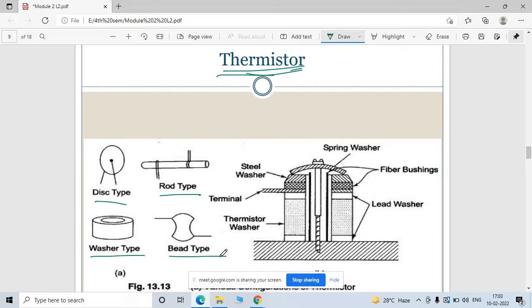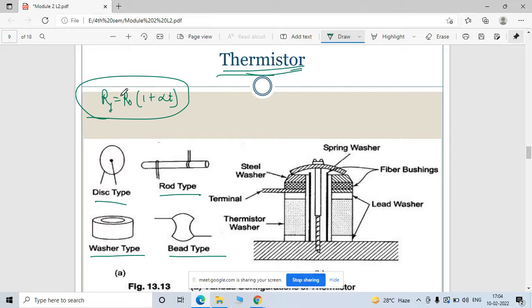Now this thermistor is electrical. You must know the relation of resistance with temperature, I think. For example, the new resistance, or I can say resistance R1, is nothing but R0 times (1 + alpha ΔT). This is the basic relation of resistance.